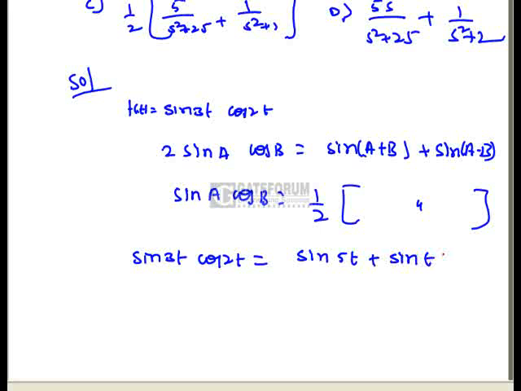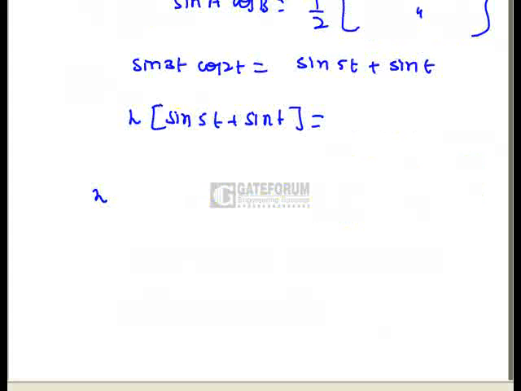Now we have to find the Laplace transform of sin 5t plus sin t. We know that the Laplace transform of sin at equals a by s square plus a square.